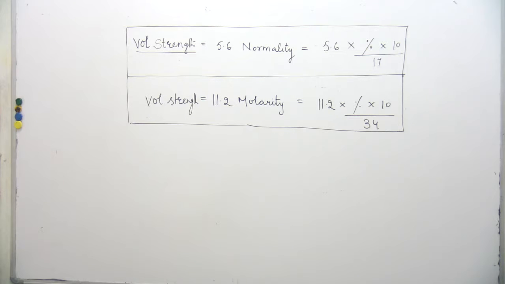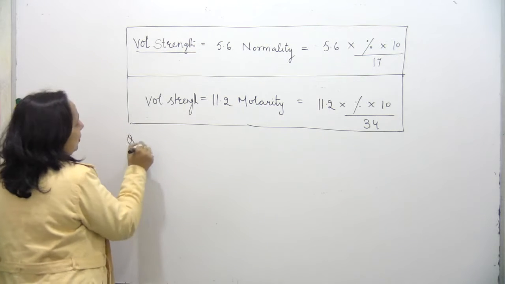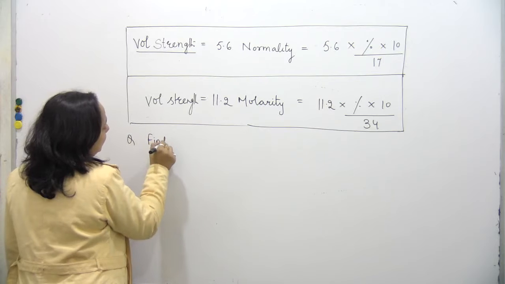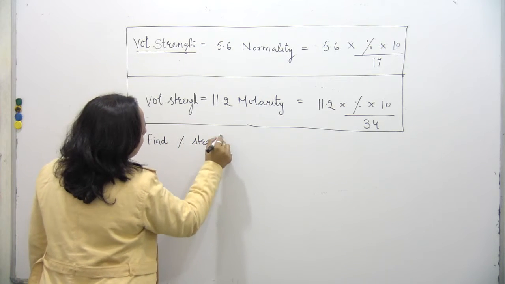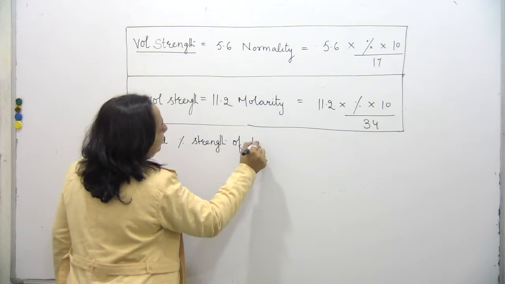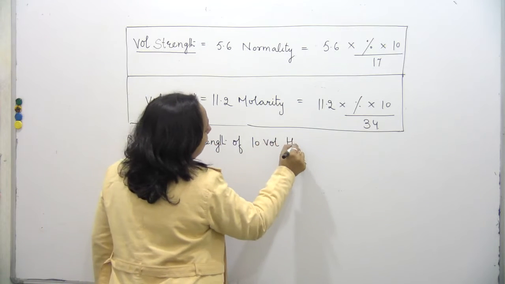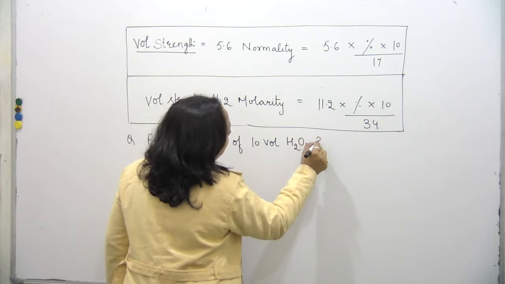For example, if we have a numerical: find the percentage strength of 10 volume hydrogen peroxide.